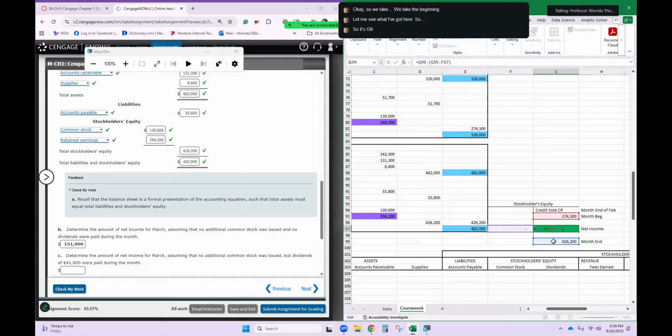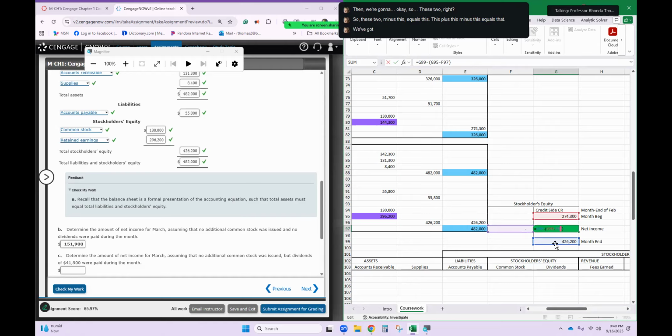So we're starting down here. Here's the month end. We're going to subtract this. Okay, so these two, right? So these two minus this equals this. This plus this minus this equals that.